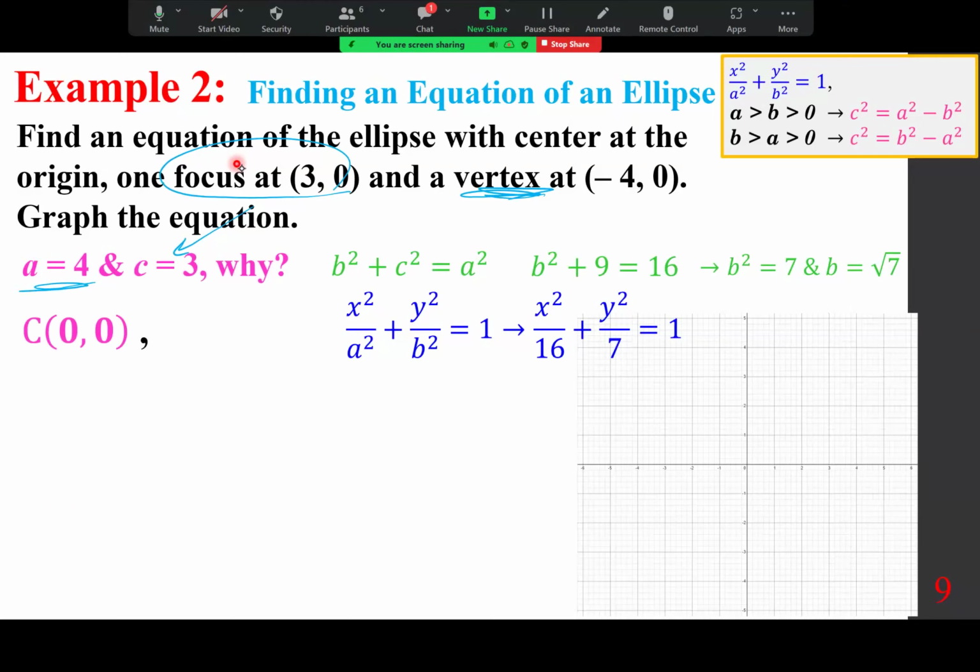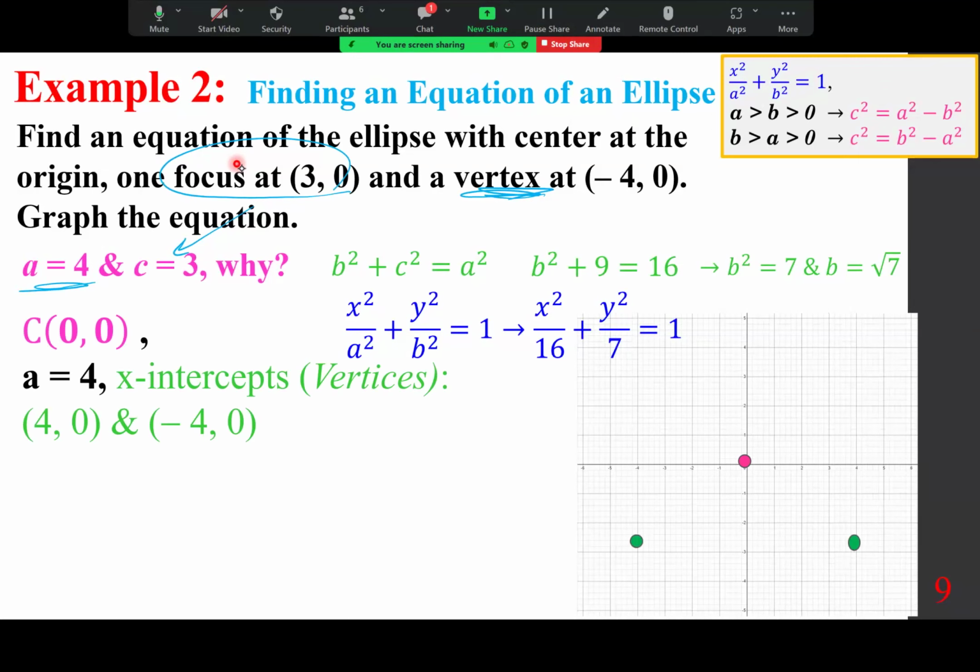The next one, we know the center is located at 0, 0. A equals 4. The x-intercepts are at 4, 0 and negative 4, 0. We want the y-intercepts. We know b is square root of 7, almost 2.6 or so.